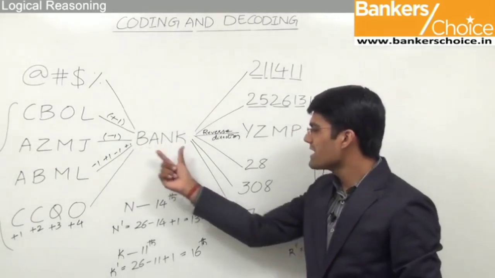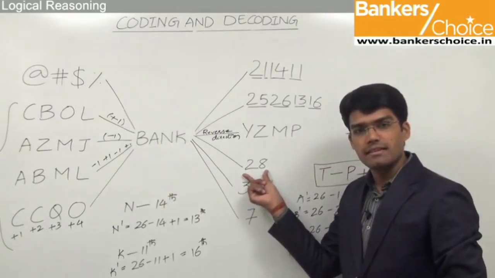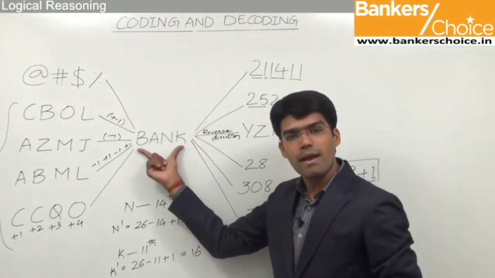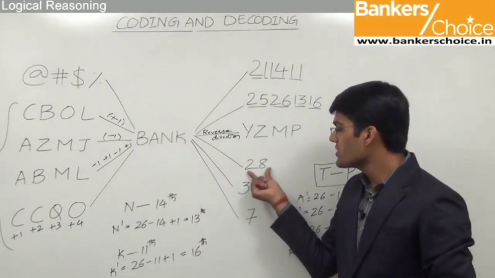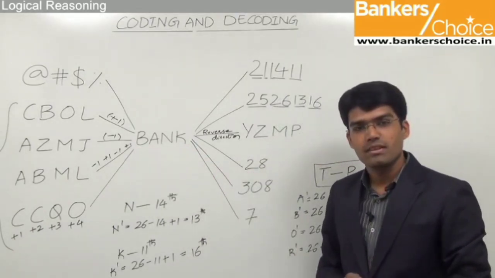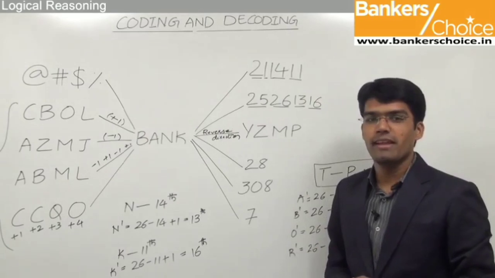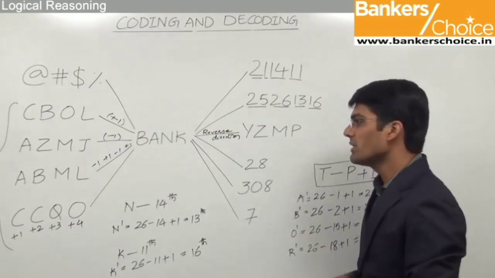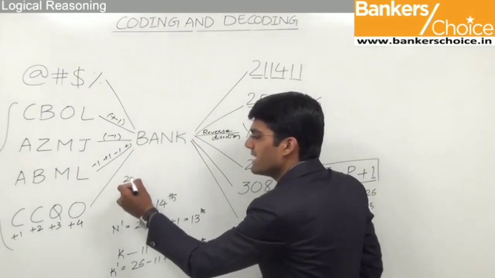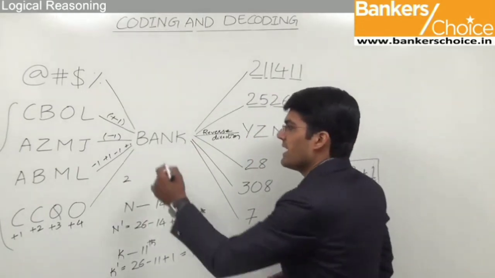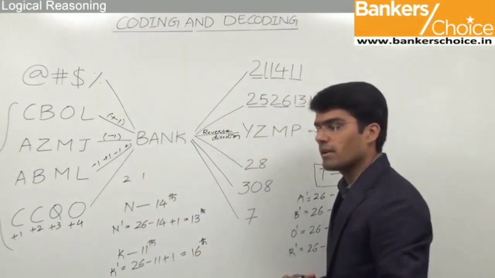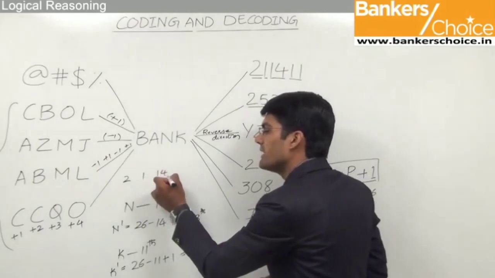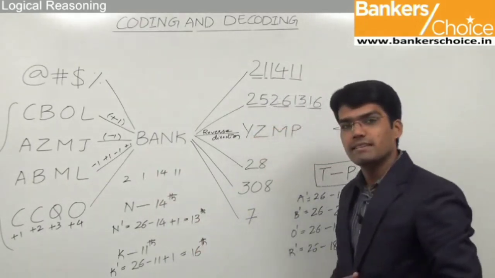Here the word bank has been coded as 28. That means the 4-lettered word bank has now become a 2-digit number 28. The logic in this coding is the sum of the positions of the given letters. We know that B is second letter in the alphabetical order, A is first letter in the alphabetical order, N is 14th letter and K is the 11th letter.